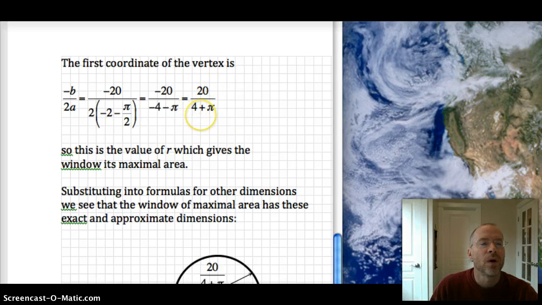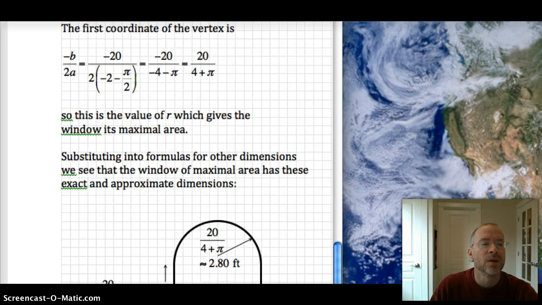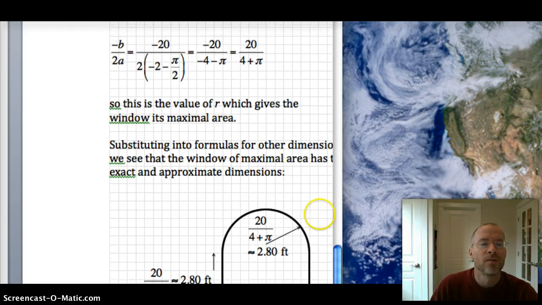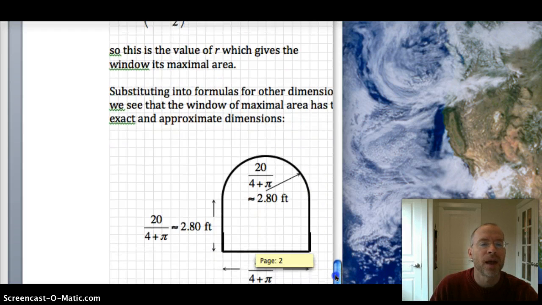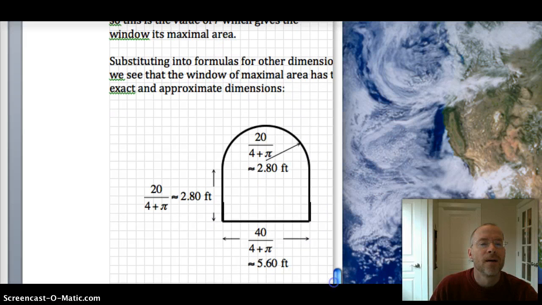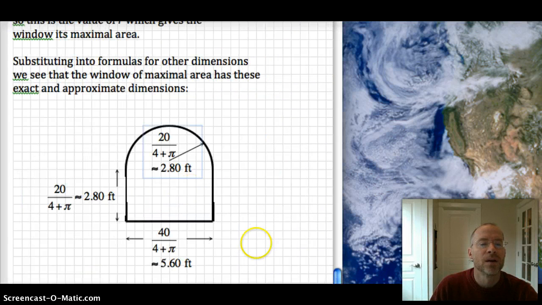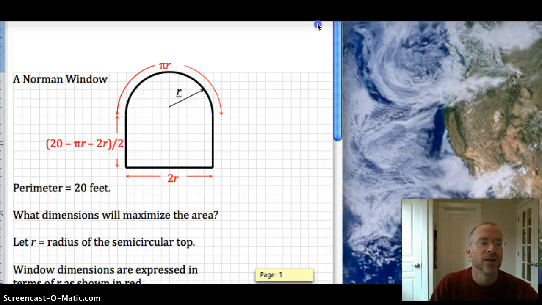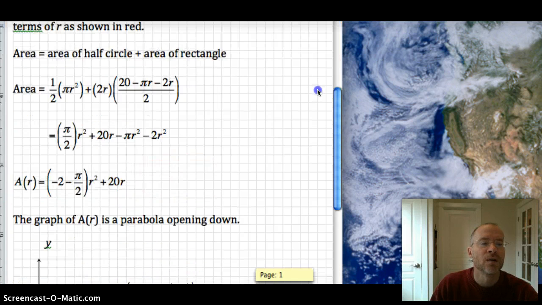The radius of 20 over 4 plus pi, that's the value of the radius that gives the window its maximal area. Then I substitute that 20 over 4 plus pi back into the dimensions that I had before, back into the red text here, 2r and 20 minus pi r minus 2r over 2.